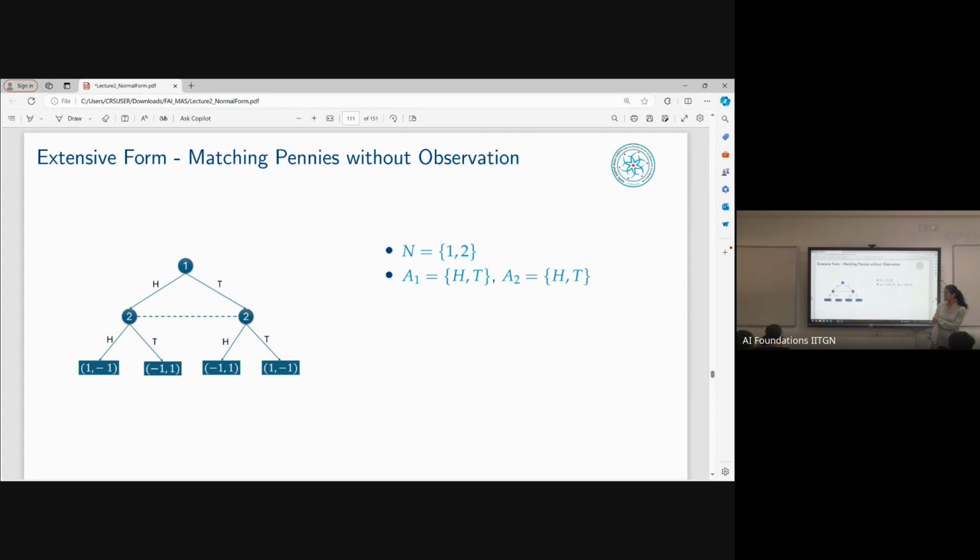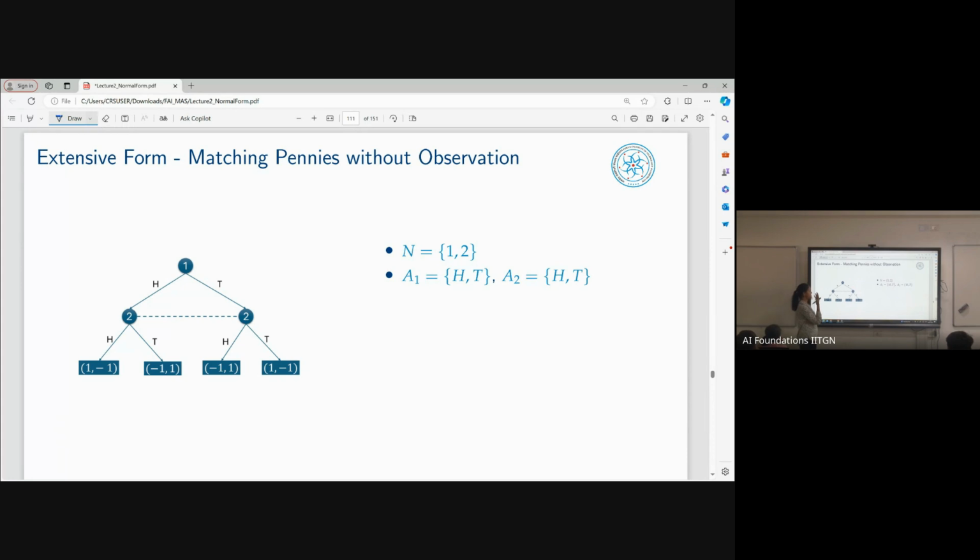What would be the information set for agent 1? The information set for agent 1 would be epsilon.